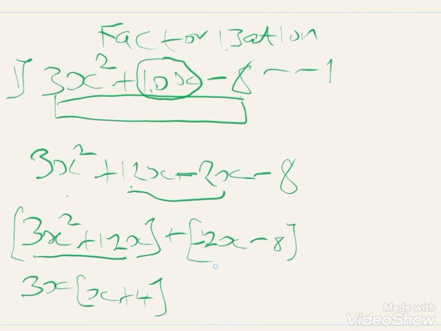Again, I go with minus 2. Minus 2 is a factor in the second binomial. Minus 2 cancel minus 2x will give me plus x. Minus 2 cancel minus 8 will give me plus 4. I close the bracket. So we say that these two expressions are the same, they are unique.